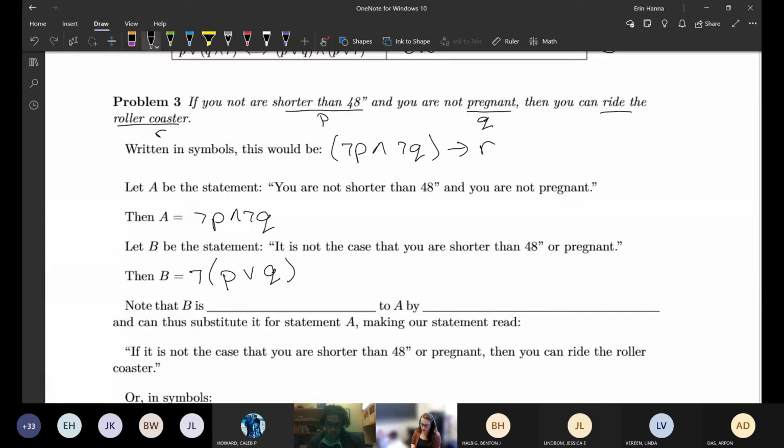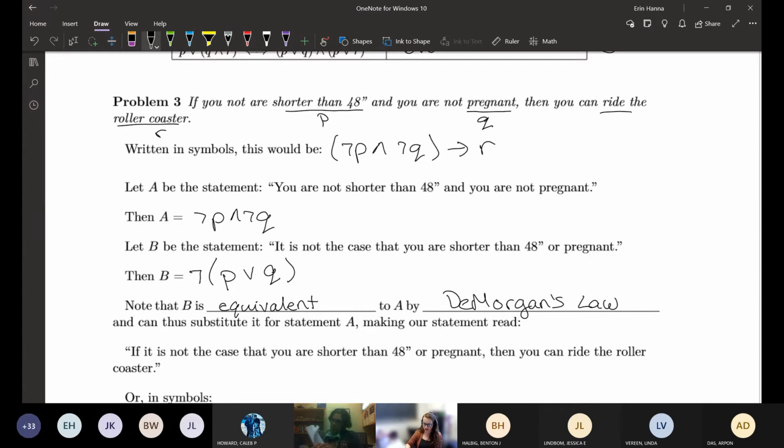All right, so note that B is actually equivalent to A by De Morgan's. Remember that was the one where we essentially bring the negation inside and flip the sign? Now it's almost like we were using it backwards in a way, but remember they're equivalent, so you can go either direction.